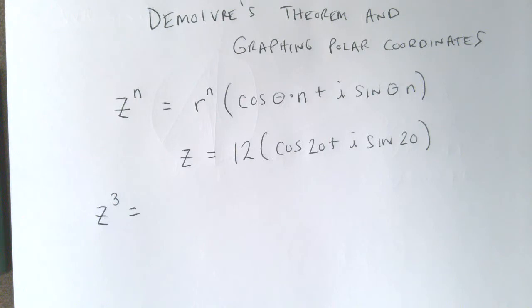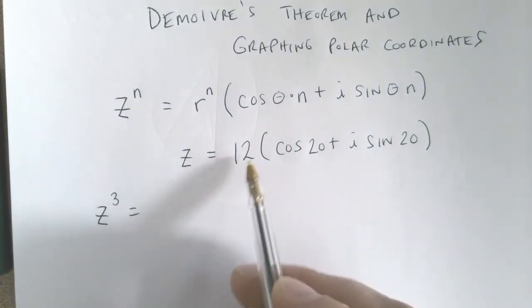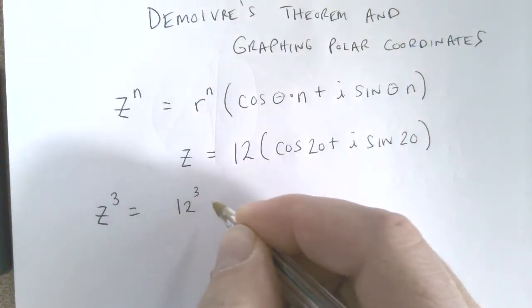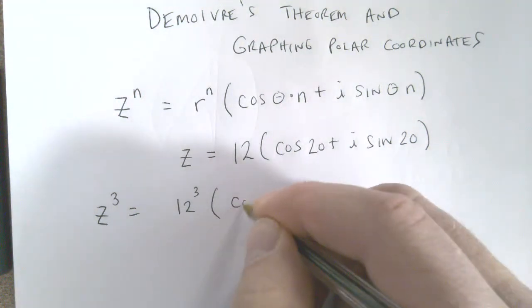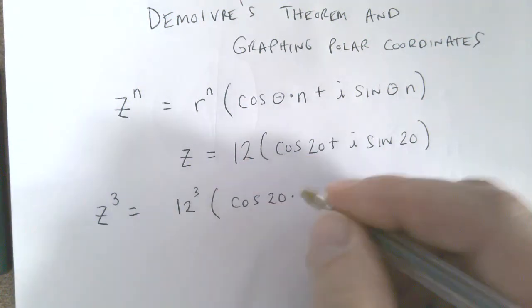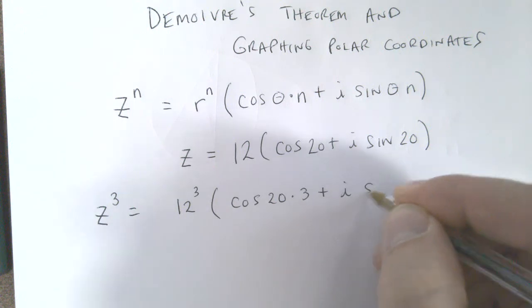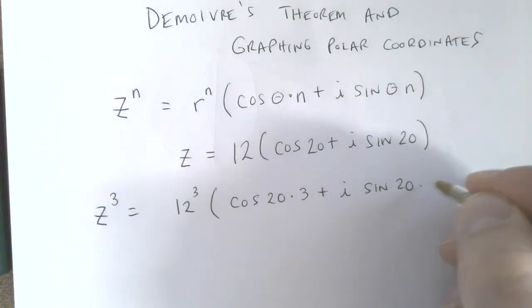So basically, since we're raising it to the third power, we're going to take the radius to the third power, so the radius is 12. We're going to take cosine of 20 times the power, which is 3, plus i sine 20 times the power, which is 3.